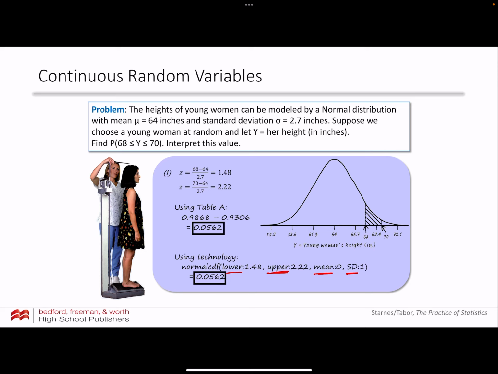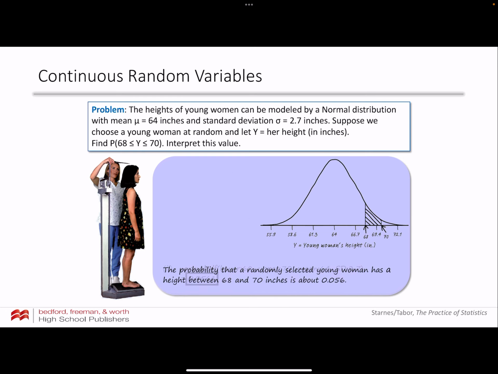Don't forget to label your inputs. And you'll get the same answer, or you might be off by a teeny tiny bit, and that's okay. So if we interpret this value, the probability that a randomly selected young woman has a height between 68 and 70 inches is about 5.6%.